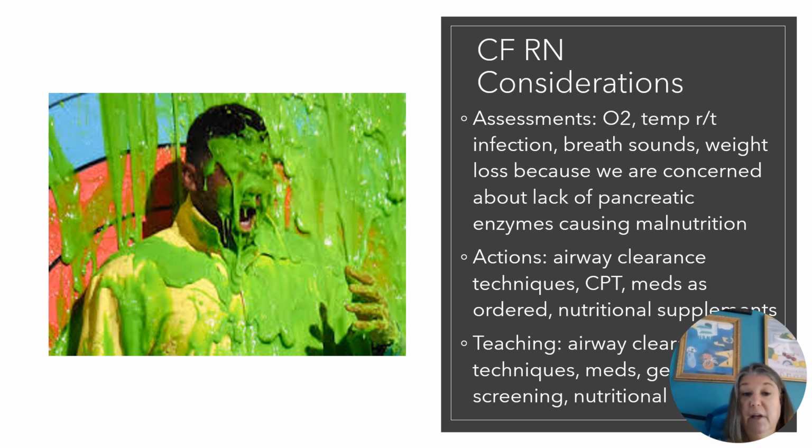Teaching is going to be airway clearance techniques. We want to make sure that they don't aspirate or choke on their own mucus, right? That they're able to move that mucus. We want to talk about signs and symptoms of progressing disease, and then genetic screening.